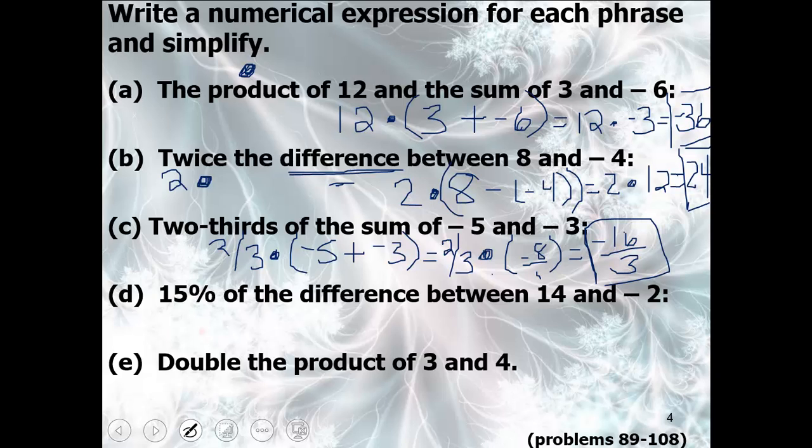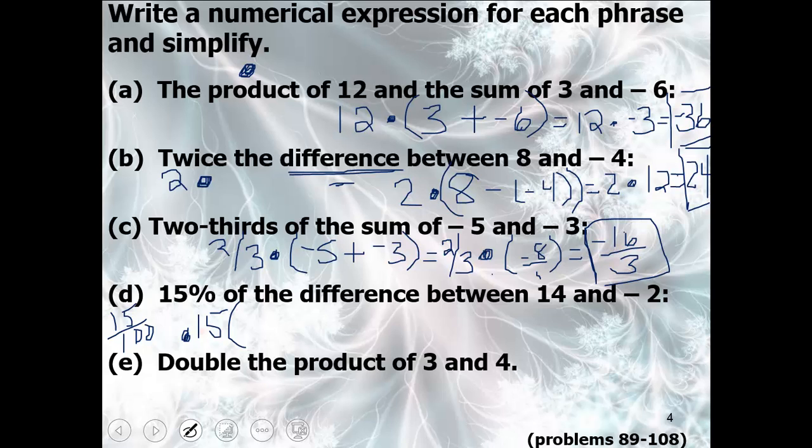15% of the difference between 14 and negative 2. 15%, well, I know that is 0.15. If I didn't know that, I could write it as 15 over 100, 15 parts out of 100. So I have 0.15, and "of" means multiplies.